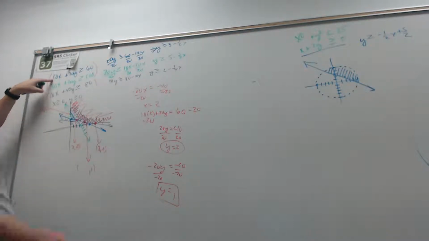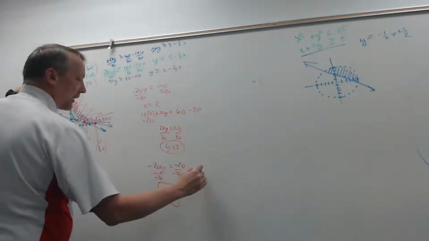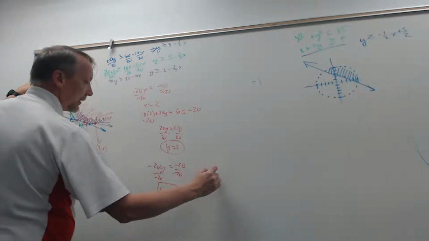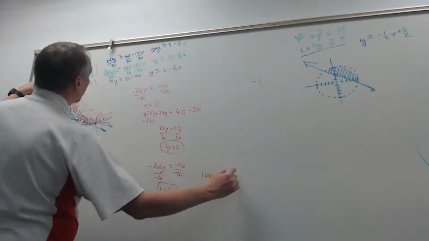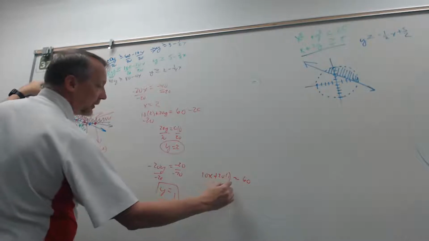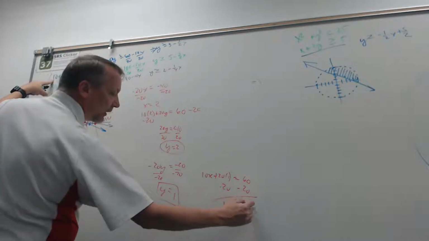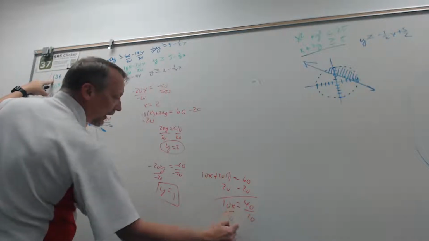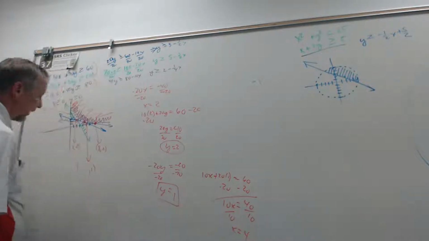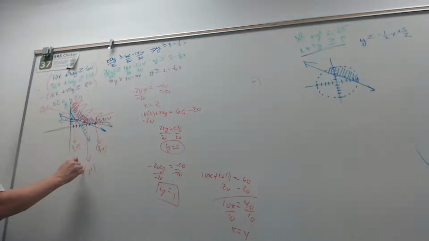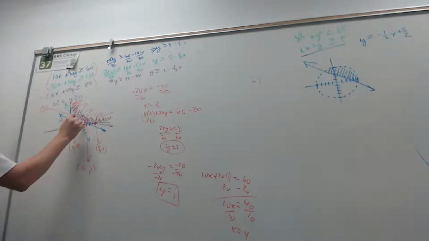So 10x plus 20 times 1 equals 60. Subtract 20, 10x equals 40. So x equals 4. So that is 4. Okay, so I didn't quite draw that right, but that's 4. So you might want to use graph paper on this one.